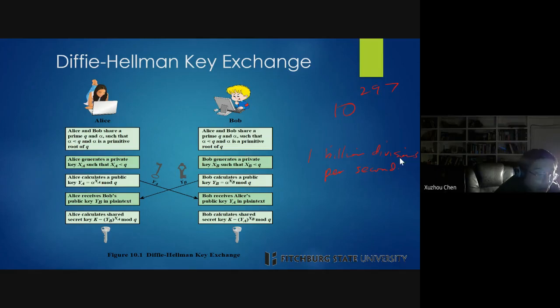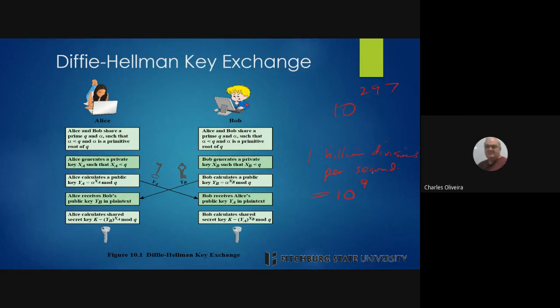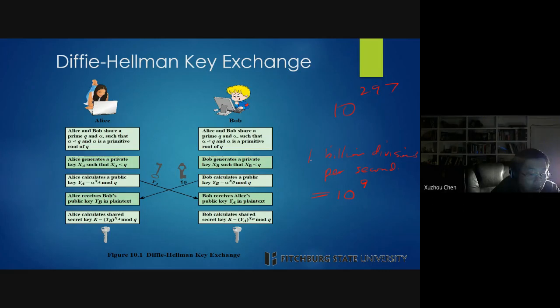So 1 billion is what? 1 billion is 10 to the 9th, right? So every second I can do 10 to the 9th divisions. Now these are the total number of divisions I need to do.